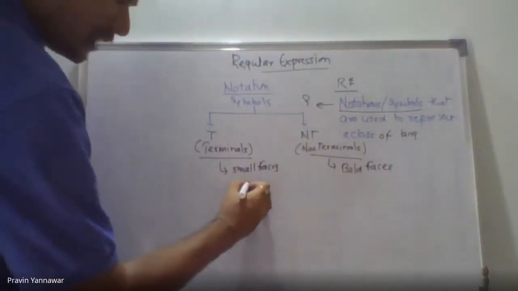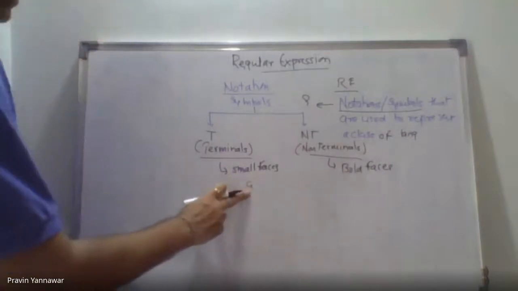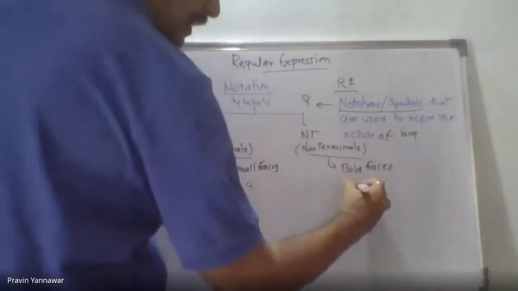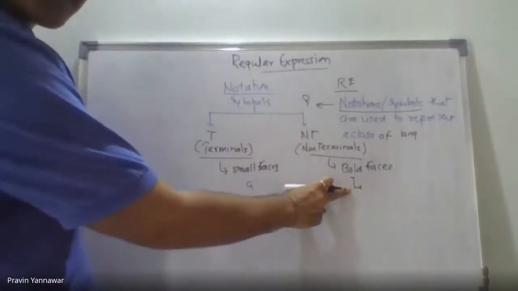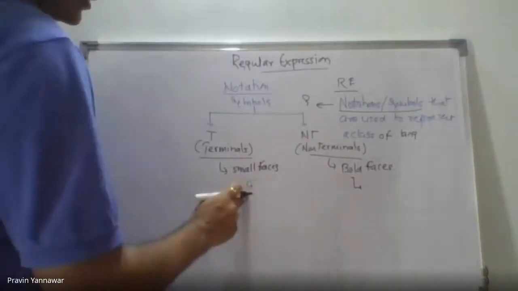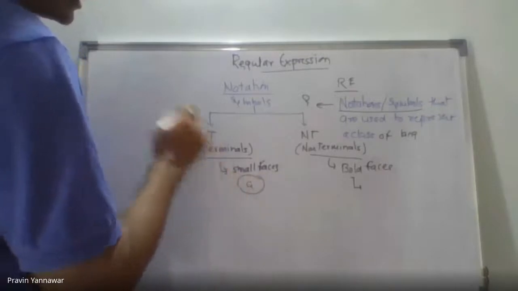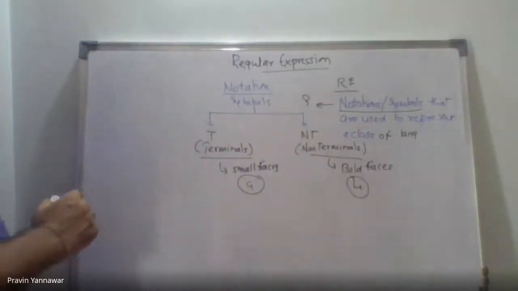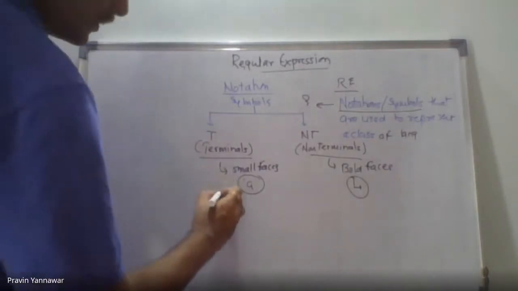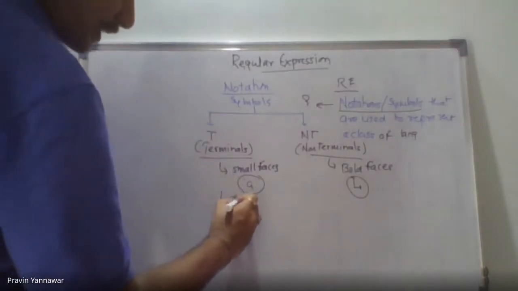When I write A, it is small face; when I write language L, it is bold face, a capital letter. So anything in the small representation is a terminal symbol, and anything represented as a capital is a non-terminal symbol.